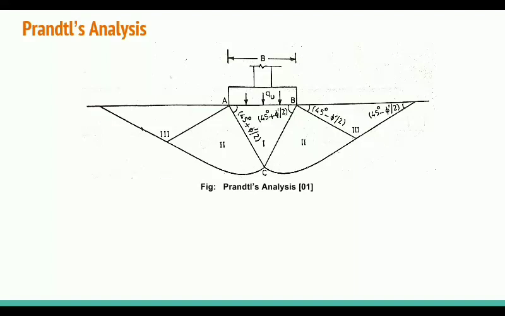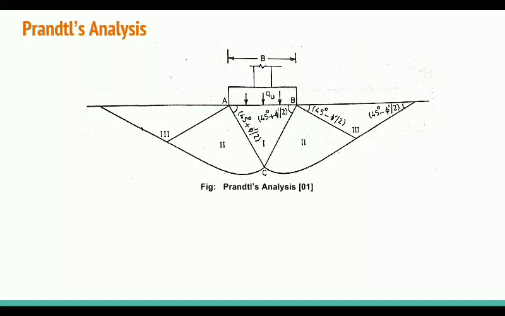When the strip footing sinks vertically downward, zone 1 feels compressive stresses, and then zone 1 exerts a pressure on zones 2 and 3. Zone 2 is in plastic equilibrium condition, and then zone 2 pushes zone 3 in a vertically upward direction.